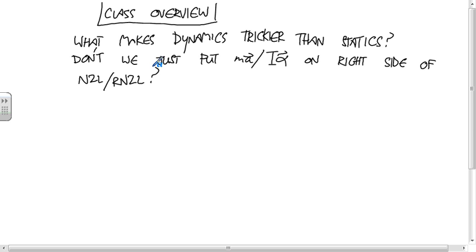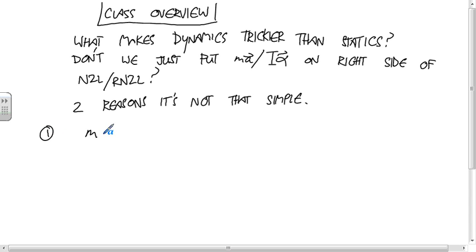Well, no, it gets a little more complicated than that. And there are really two reasons it's not quite that simple. The first is that, remember, mass times acceleration is mass times the second derivative of the position with respect to time.